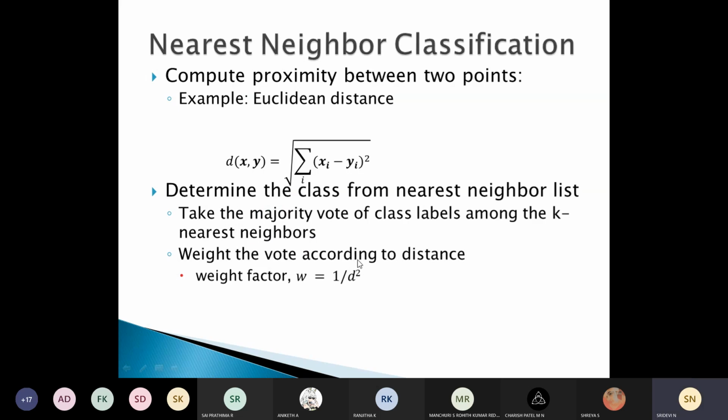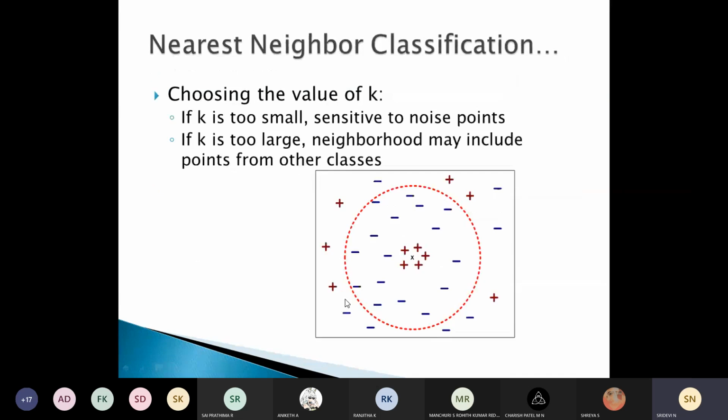We can also weight the vote according to a weight factor. Choosing the value of k: if k is too small, it is sensitive to noise points. If k is too large, the neighborhood may include points from other classes also.